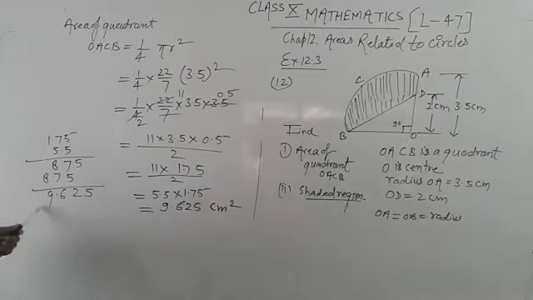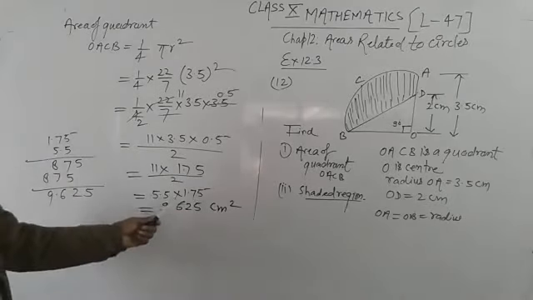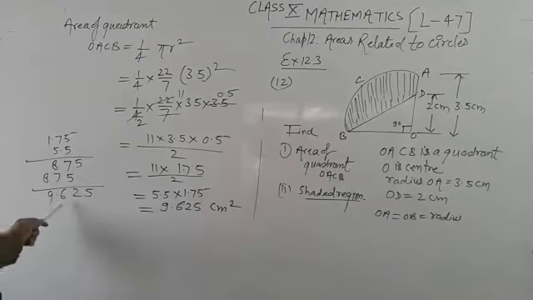So students, again check it. If we multiply 5.5 into 1.75, we get 9.625.